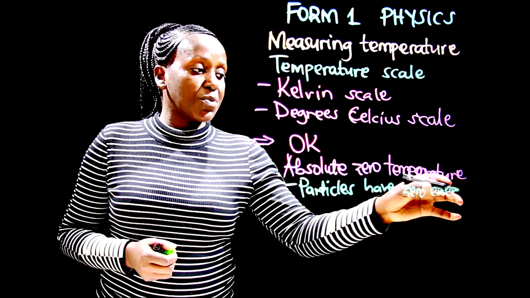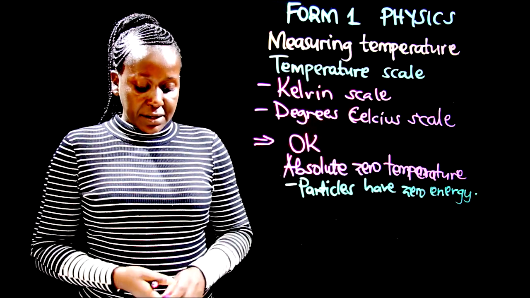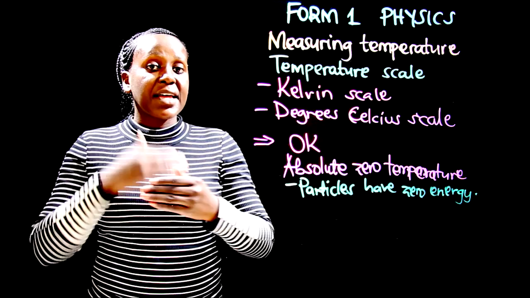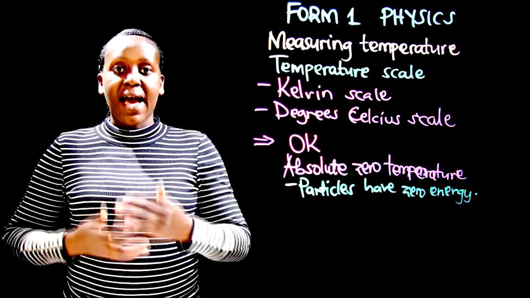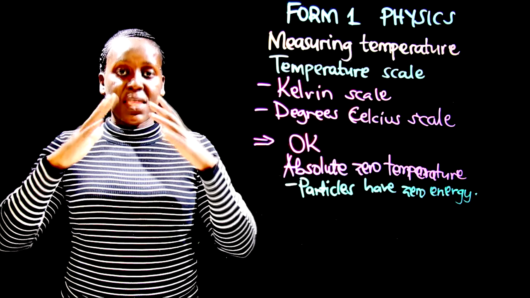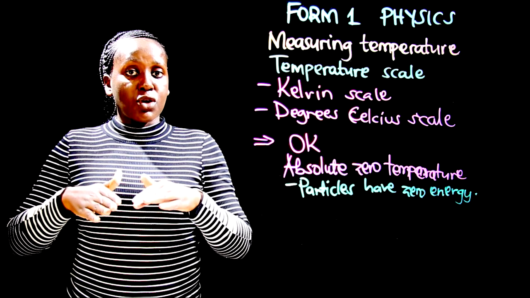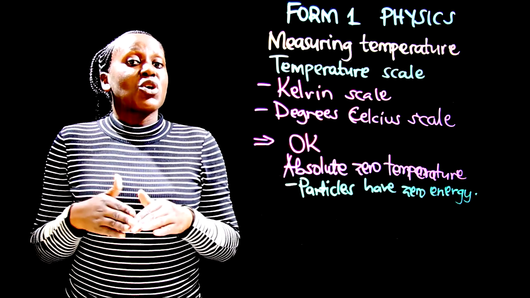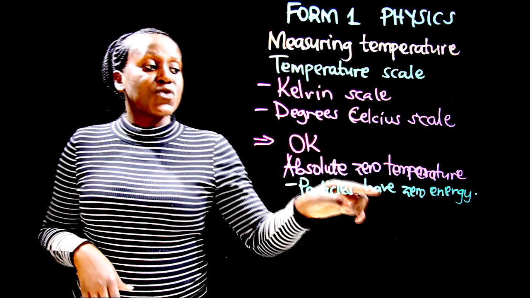Now, I need you to stick with me here as we explore this further. Remember we said that the kinetic energy of substances increases as temperature increases. And when the temperature is reduced, the kinetic energy is also reduced. So it is possible to reduce the kinetic energy of materials to 0.